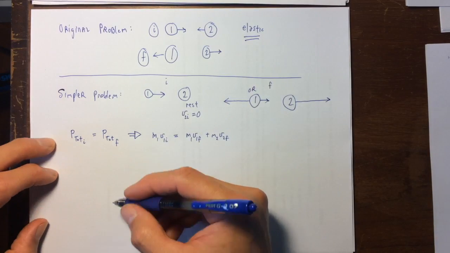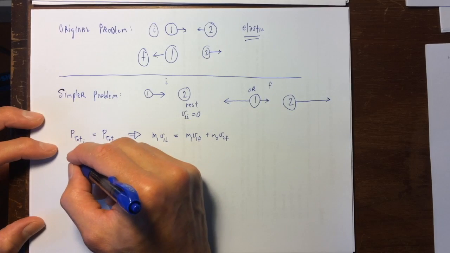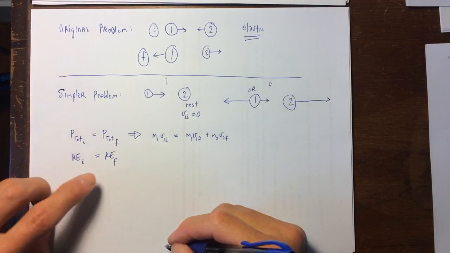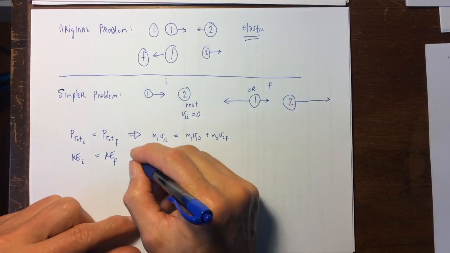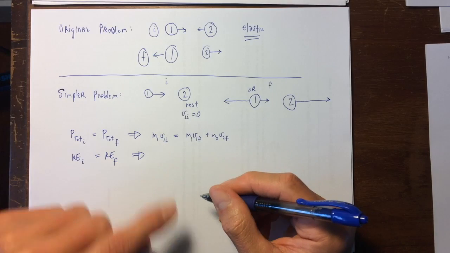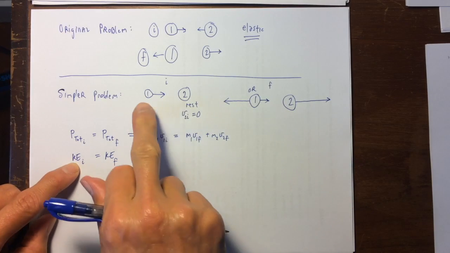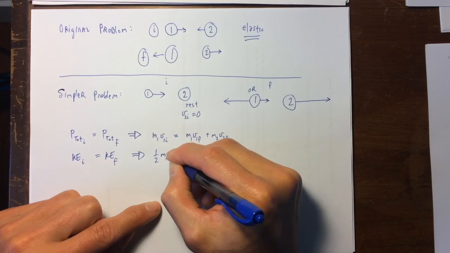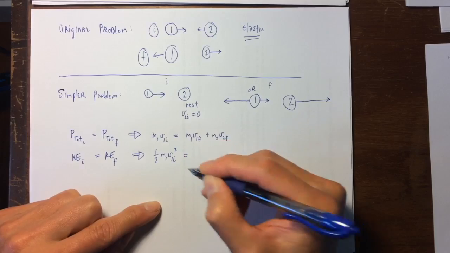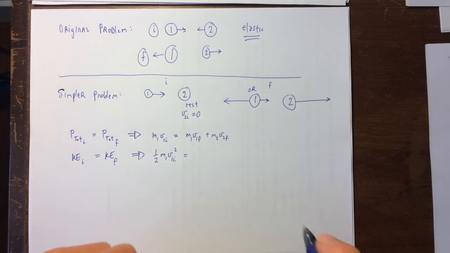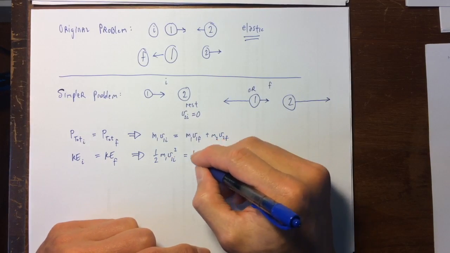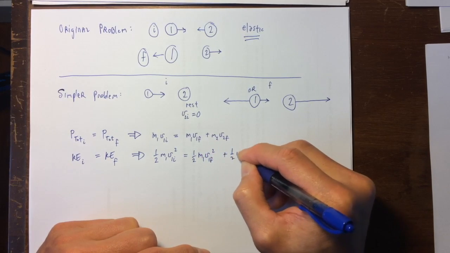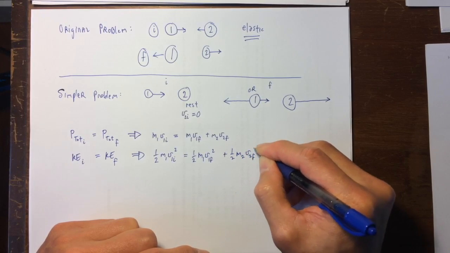It's an ideal elastic collision, so the kinetic energies are going to total up to be the same before and after the collision's finished, and that leads to a relationship. So in the initial, right, number 1's got kinetic energy, but number 2 does not. So this is 1/2 M1 V1 initial squared equals, and now they both have kinetic energy in general. So this will be 1/2 M1 V1 final squared plus 1/2 M2 V2 final squared.